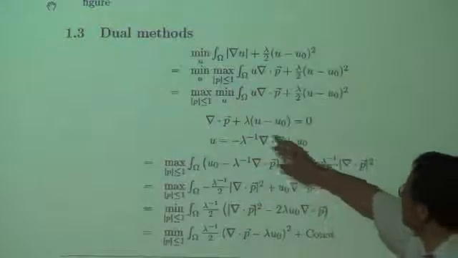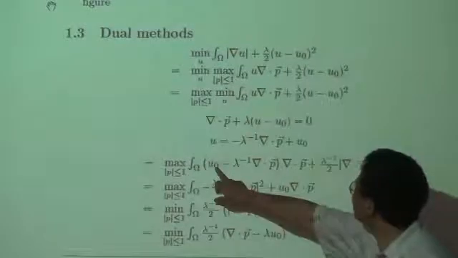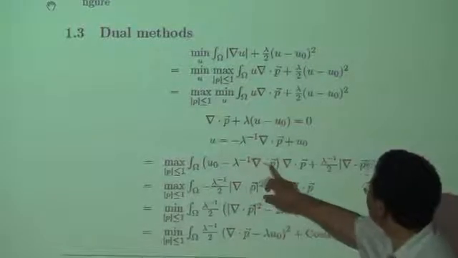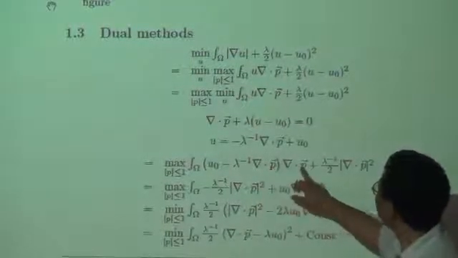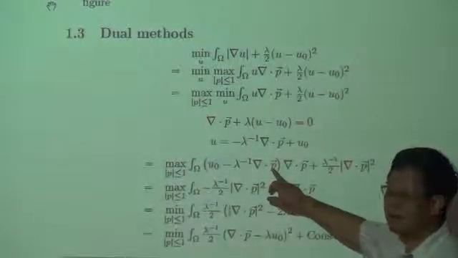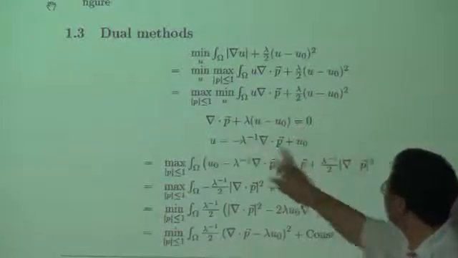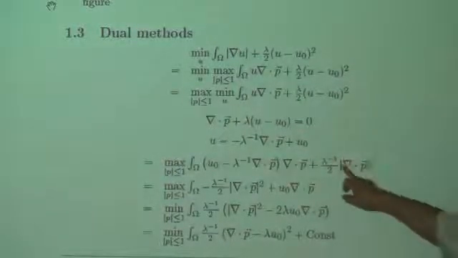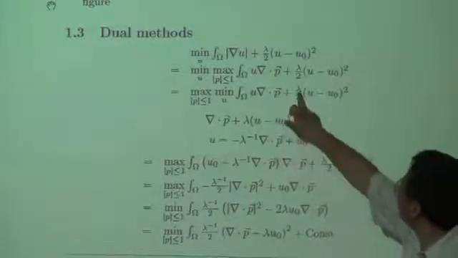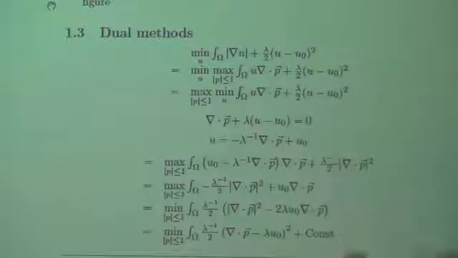And then this disappears. You put this U into there, you get U0 minus lambda inverse divergence P in the divergence term, where U is replaced by this one. And then U minus U0 equals lambda inverse divergence P. You have a lambda, you cancel, you have 1 lambda inverse here.